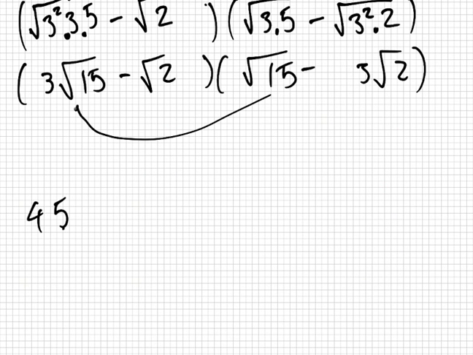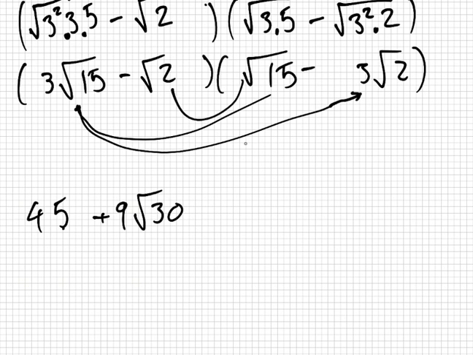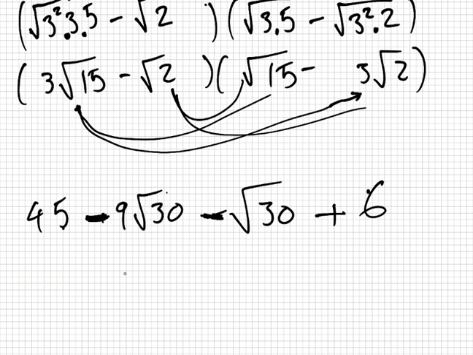Okay, so 3 root 15, that's 45. 3 root 15, so that would be 9 root 30. Yeah. Then this one here is minus root 30. And then this should be a minus here. Yes, minus, and plus 12. Is it? Oh, 6, sorry, yeah, 3 by 2. So that would be 51 minus 10 root 30.